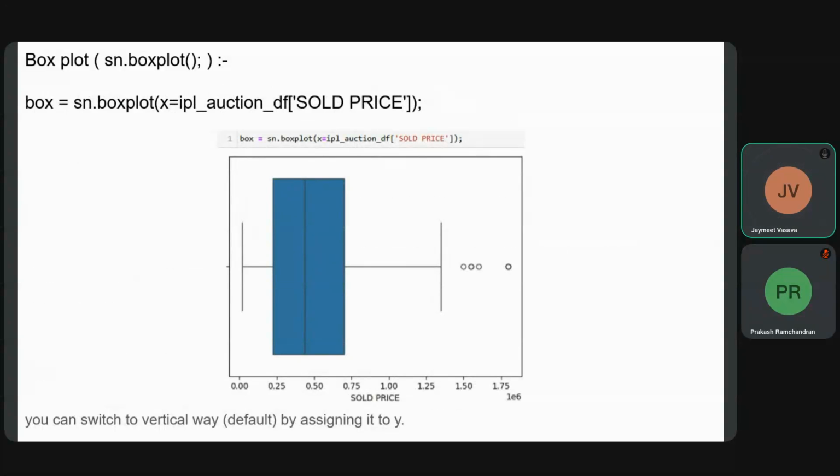So this is how a box plot looks. When we talk about the lower quartile and upper quartile, the vertical lines of the box plot signify these values. We'll be using Seaborn's box plot to visualize this, on the selling price again.